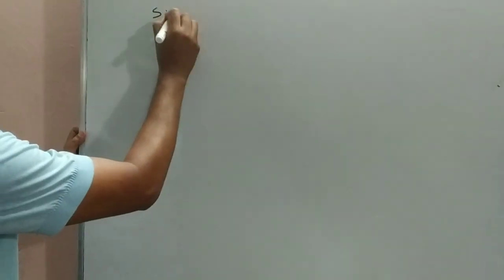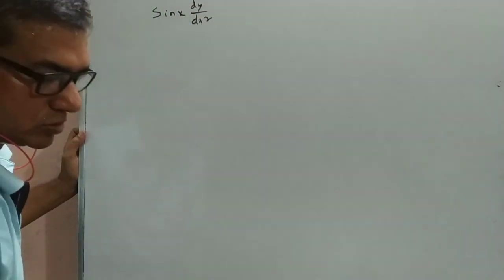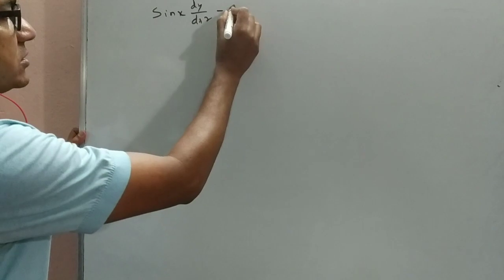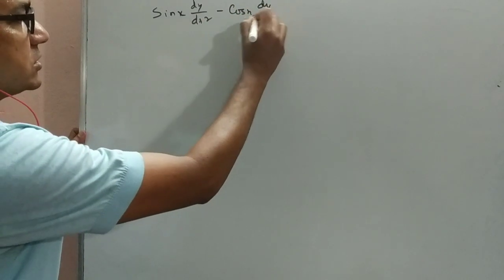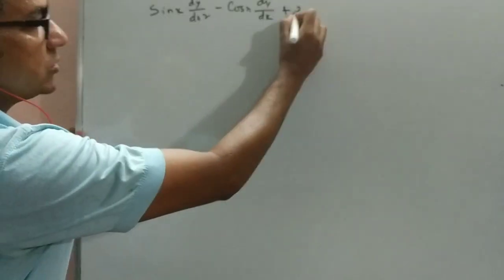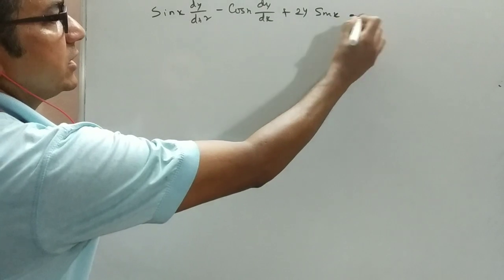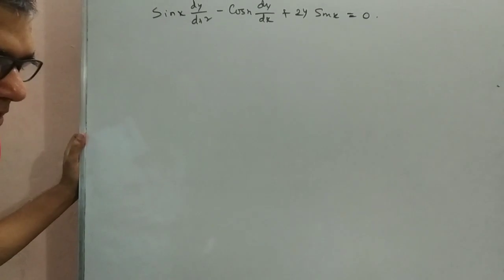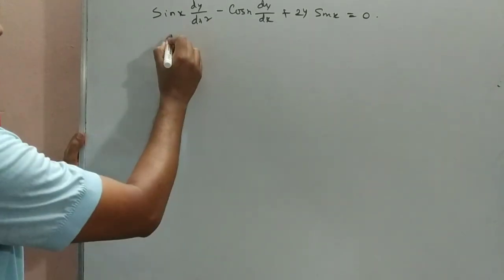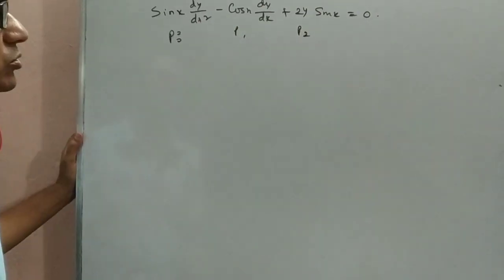Consider another example as sin x d2y by dx2 minus cos x dy dx plus 2y sin x equal to 0. Comparing this, we get P0, P1 and this is P2.